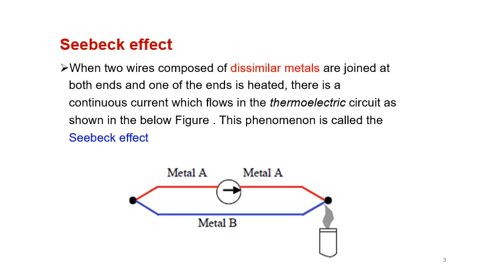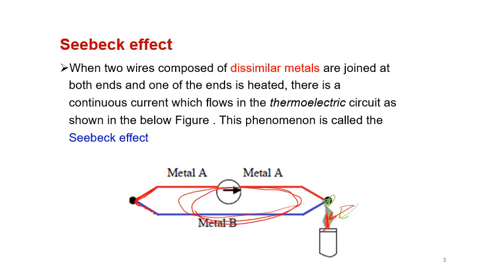If we have two different materials, A and B, and we join them at a certain point, and at the junction we apply heat, and we close the wire from the other side, we will find a current flowing in this loop. The current is proportional to the heat applied.